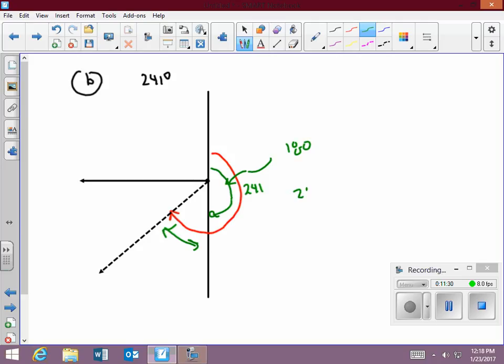So I'm going to go 241, subtract 180, 61. So this bearing is south 61 degrees west. Right?